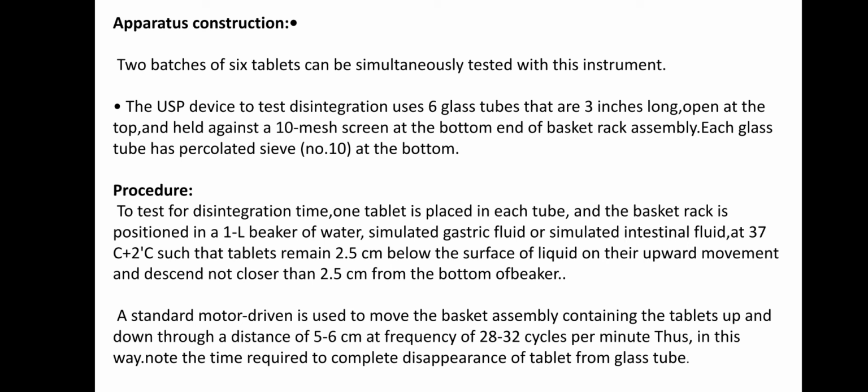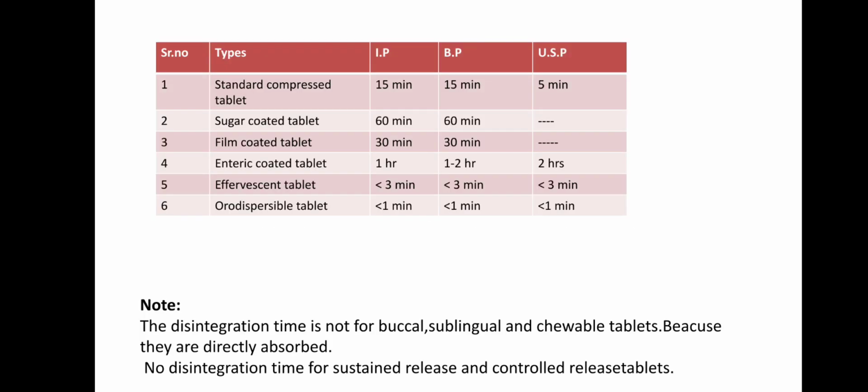A standard motor driven device is used to move the basket assembly containing the tablets up and down through a distance of 5 to 6 cm at a frequency of 28 to 32 cycles per minute. In this way, note the time required for complete disappearance of the tablet from the glass tube.